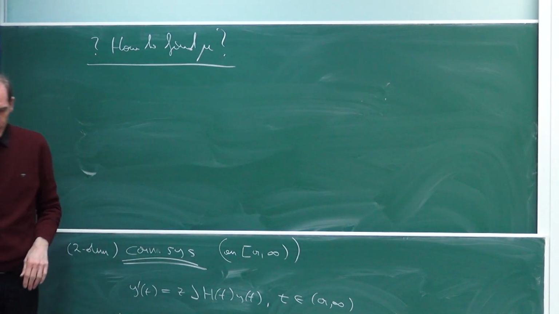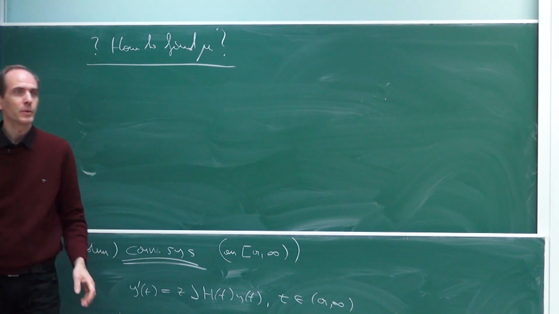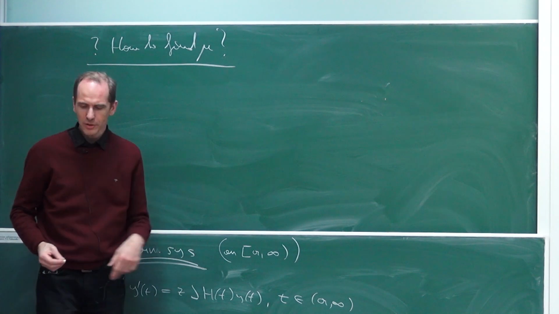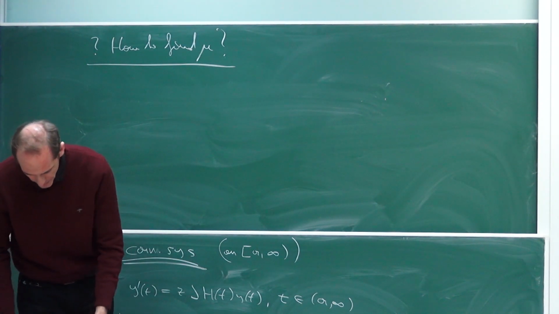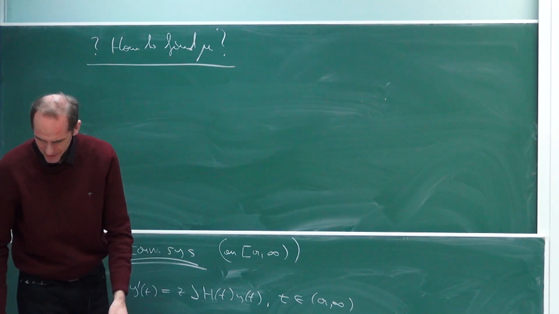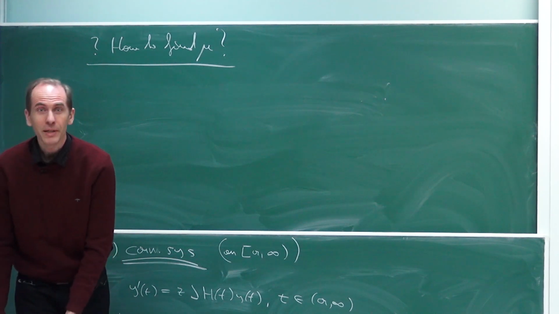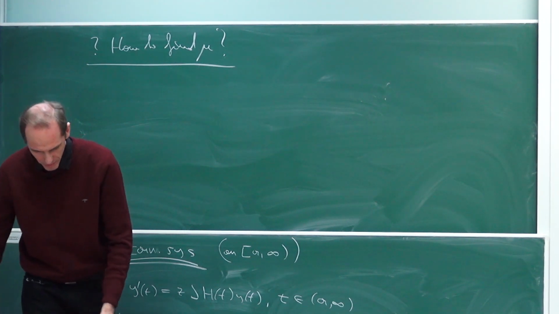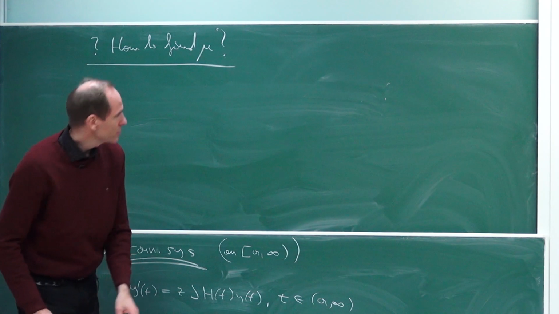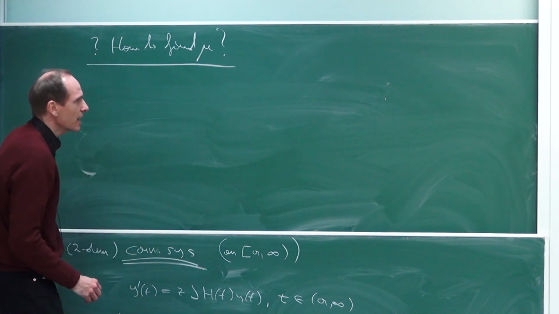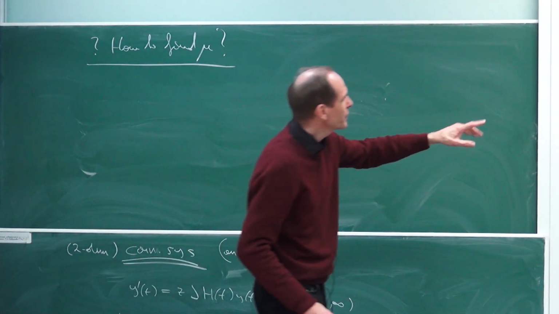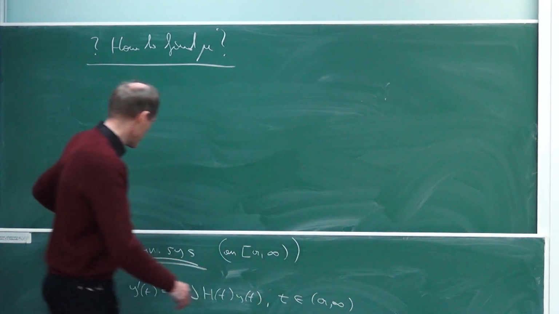And there is a method to find mu that goes back to Hermann Weyl in the 1930s or so. It's really a very nice geometric argument. It starts from the fundamental solution of the equation.